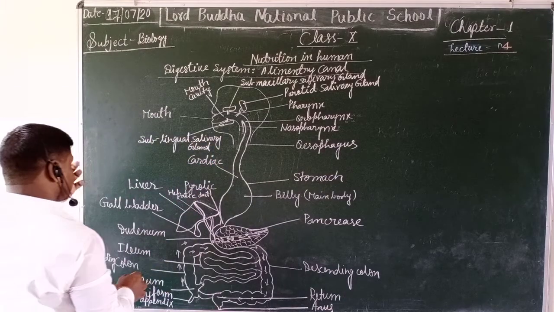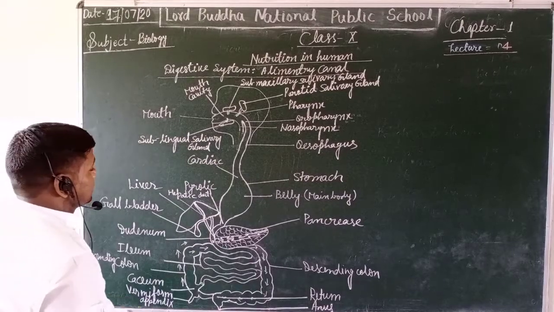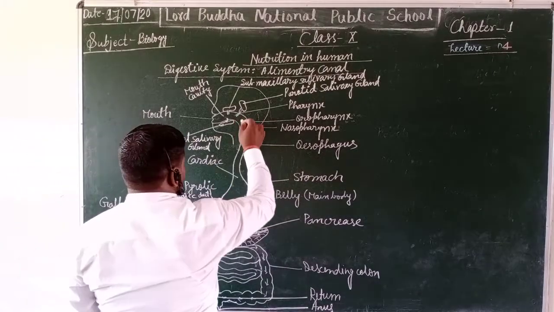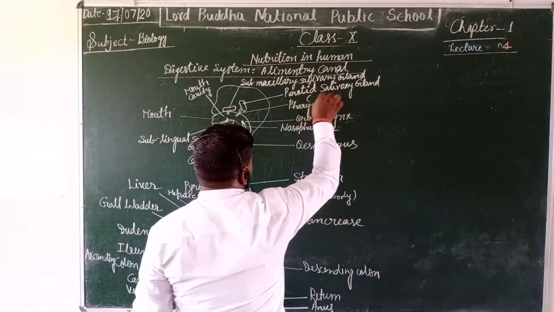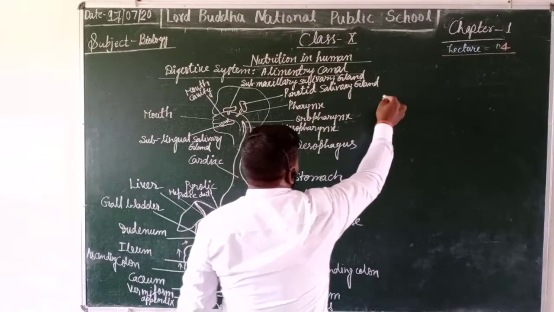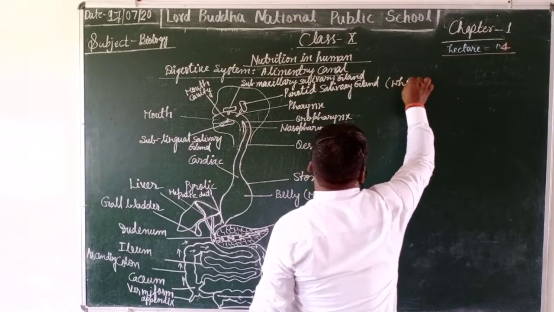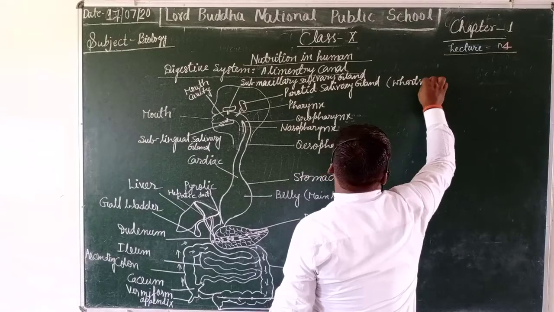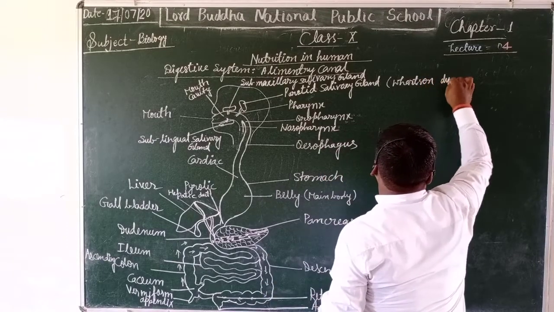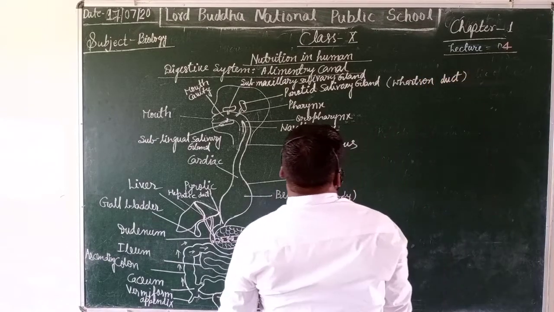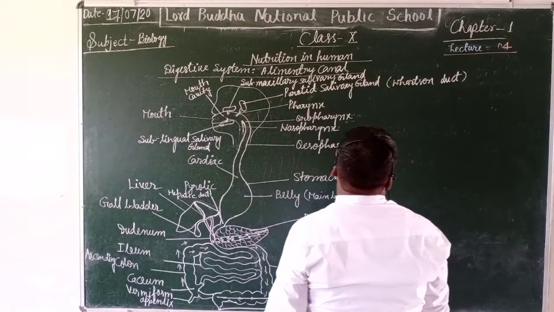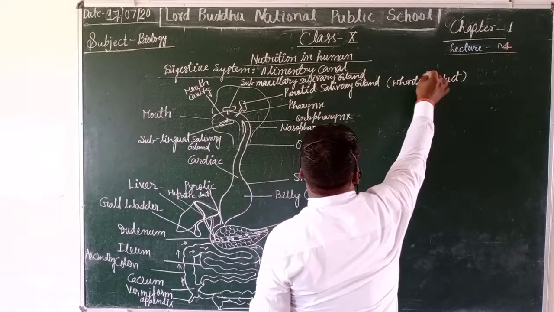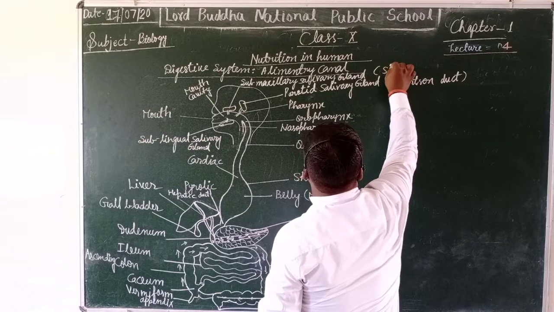These glands are associated with special ducts. The parotid gland is associated with Stensen's duct, named after the discoverer.